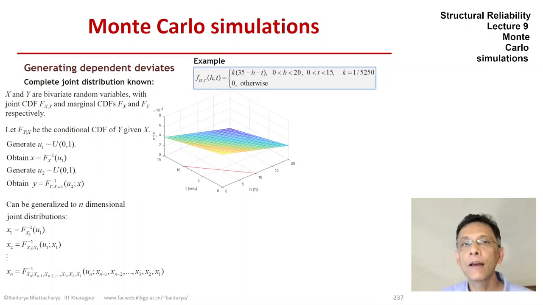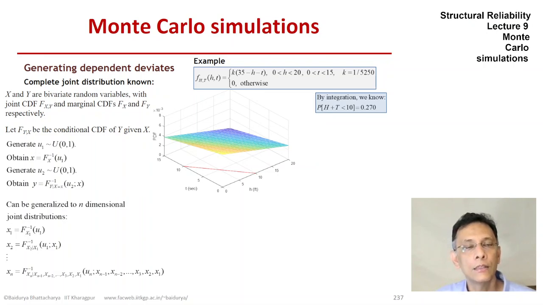This problem we have seen before, we have looked at it twice. This was the joint distribution of H and T, wave height and wave period, and one of the problems we solved was we calculated analytically the probability that H plus T is less than 10.